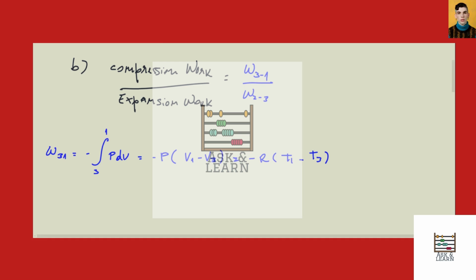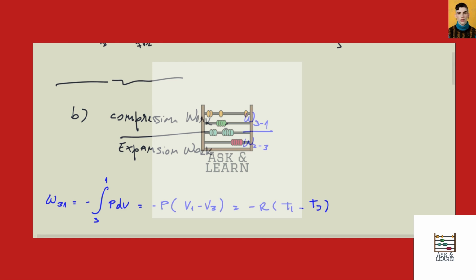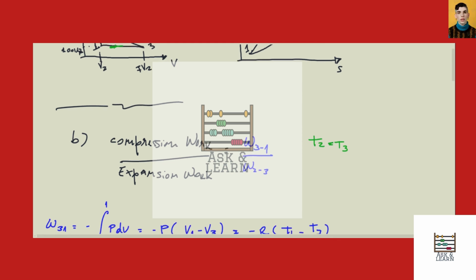And to find the temperature 3, we must remember that temperature 2 should be equal to temperature 3 because they are in an isothermal path. Therefore, if we use the ideal gas law, T2 is going to be equal to T1 times P2 divided by the pressure 1.